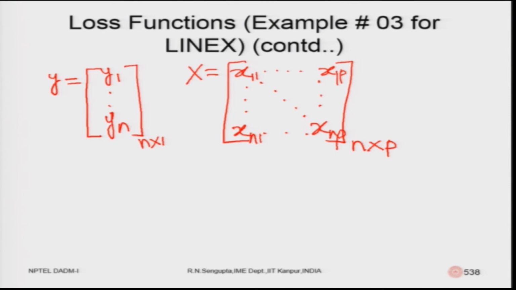Similarly, the leftmost bottom value, which I am now highlighting, x n 1, is the nth value of the first random variable. Similarly, the last one, the cell n comma p, is the nth value of the pth random variable.